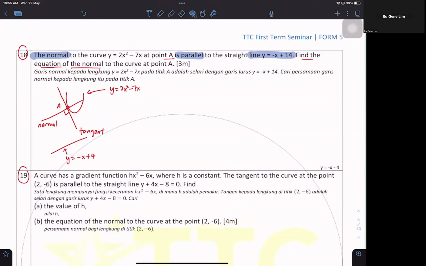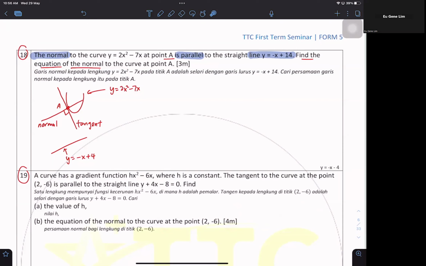It's not tangent. This other line has nothing to do with the curve. It is simply another line that is parallel with the normal. Understand?